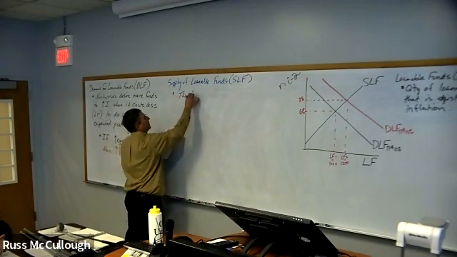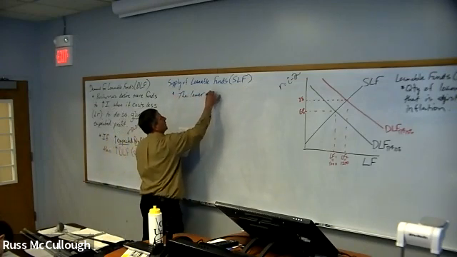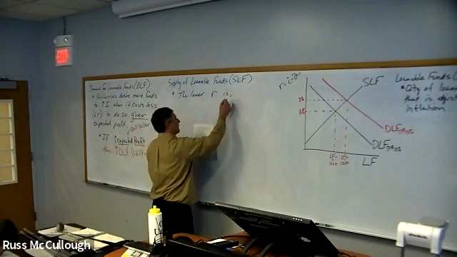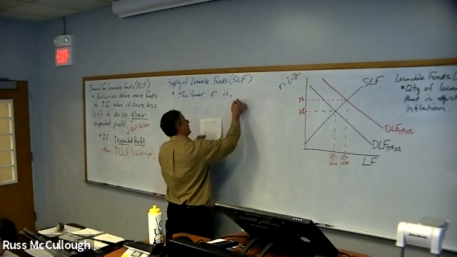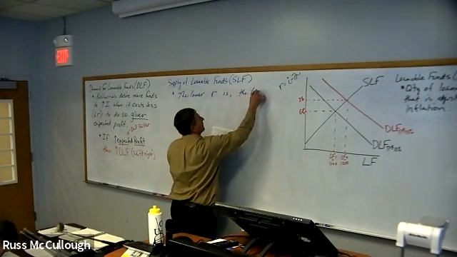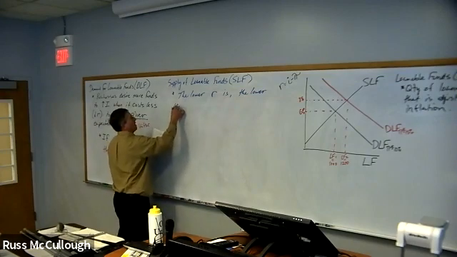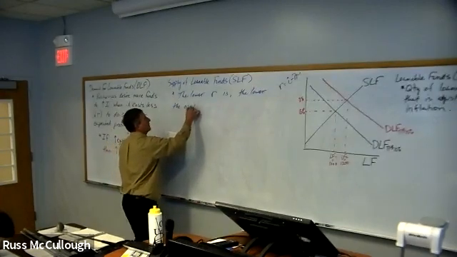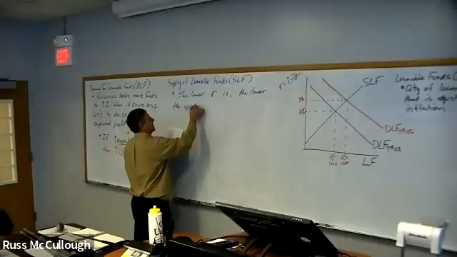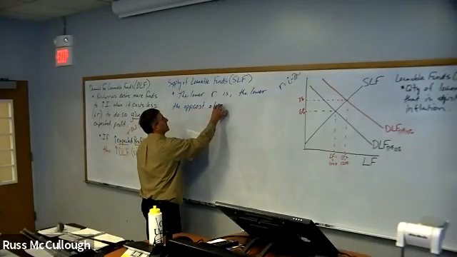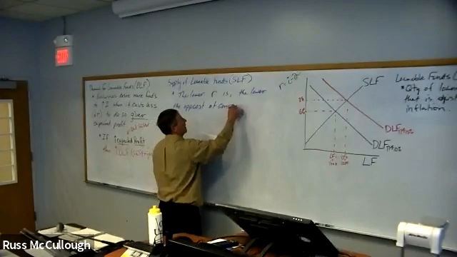The lower the real rate of interest is, the lower little r is, the lower the opportunity cost of consumption is.